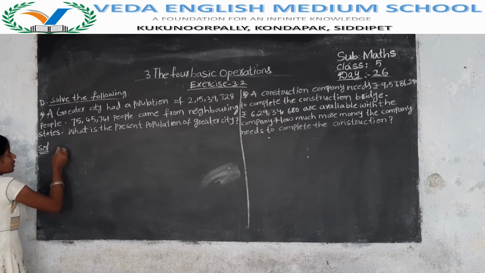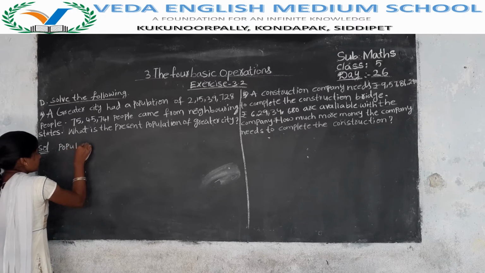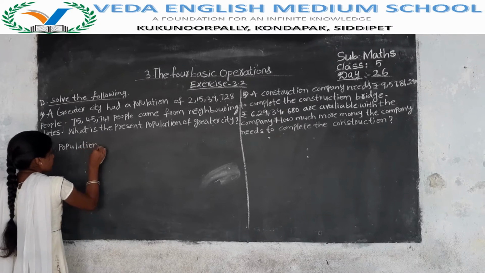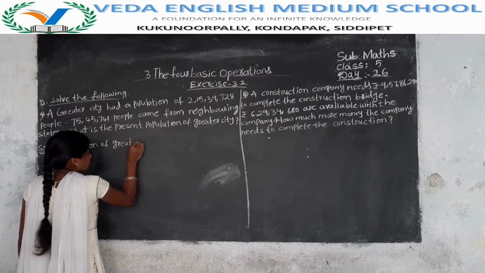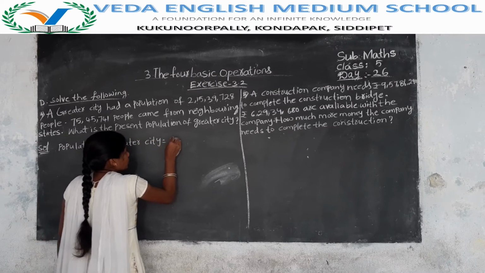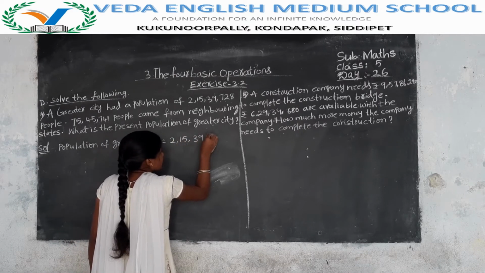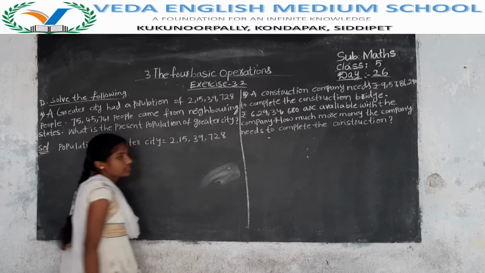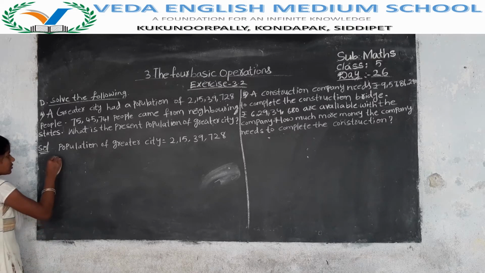So, population of greater city is equal to 2,15,39,728. Then 75,45,741 people came from neighboring states.